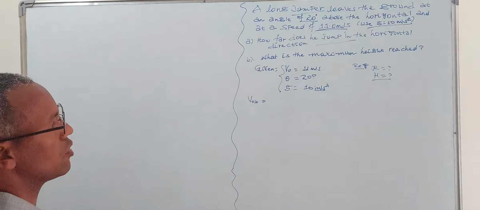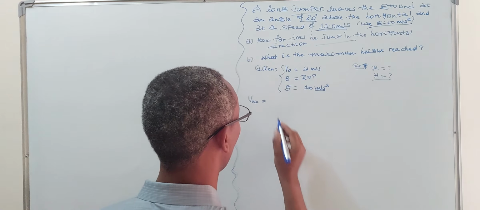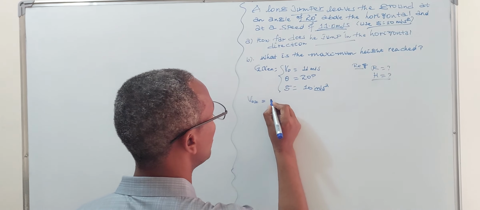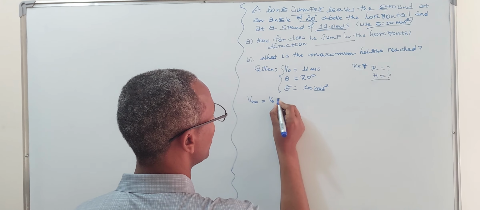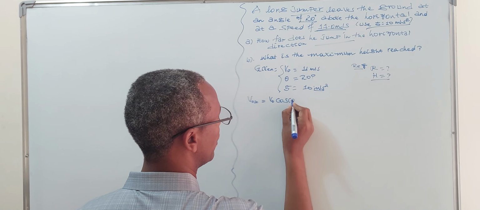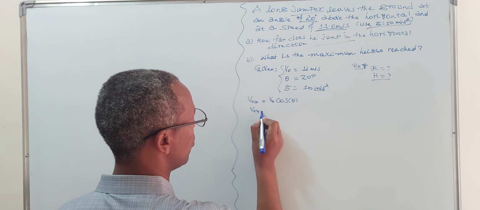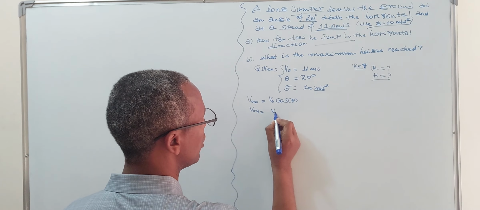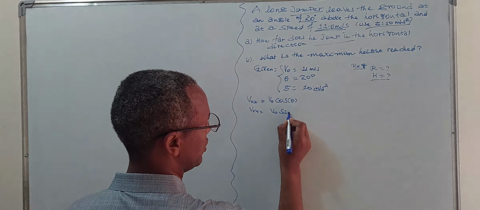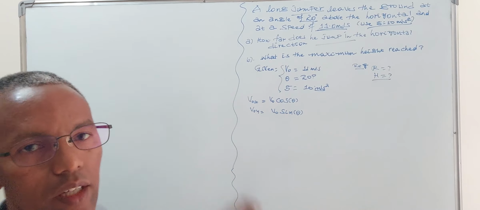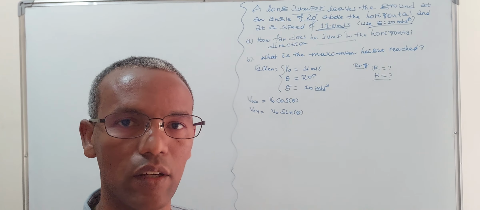And v sub o y is equal to v sub o sine of theta. I believe you are familiar with this. We need to find the horizontal component as well as the vertical component.